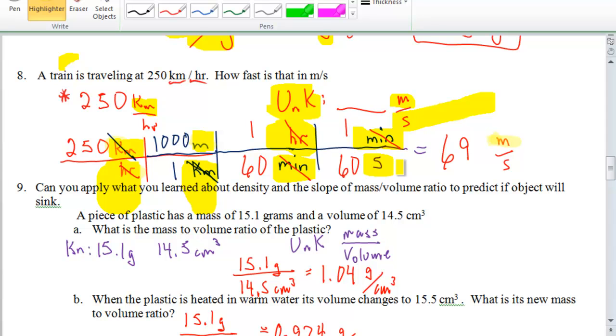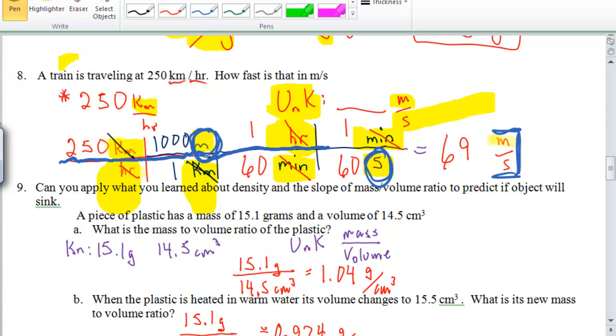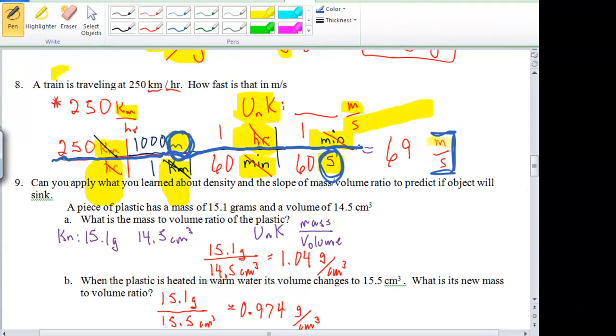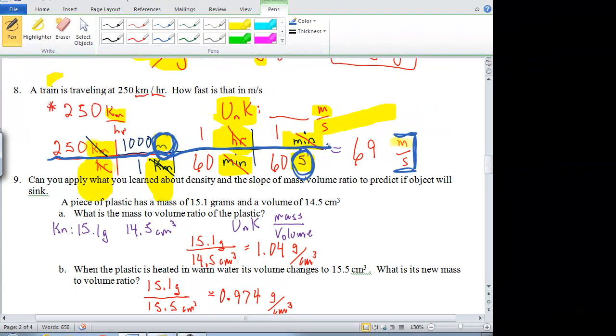So now if I check my units that are here, the unit that's not factored out is meters on the top and seconds on the bottom. So I have my unit here as meters per second. So I do 250 times 1,000 divided by 60, and then divided by 60 again.